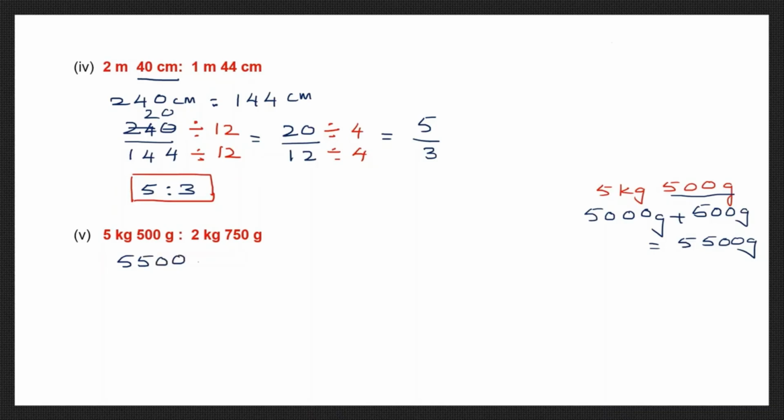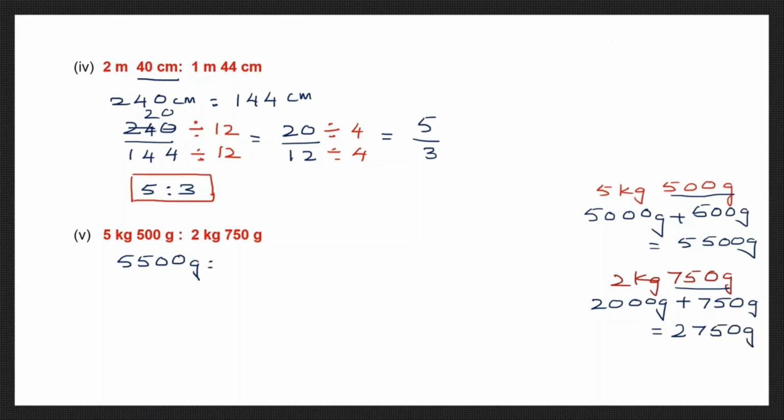5500 grams is to. The second one is 2 kilograms 750 grams. We know that in 1 kilogram there are 1000 grams, so in 2 kilograms it will be 2000 grams, plus let's add this 750 grams. 2000 plus 750 is 2750 grams.